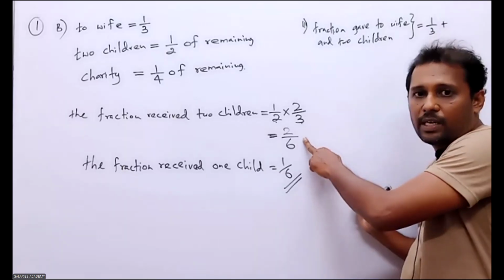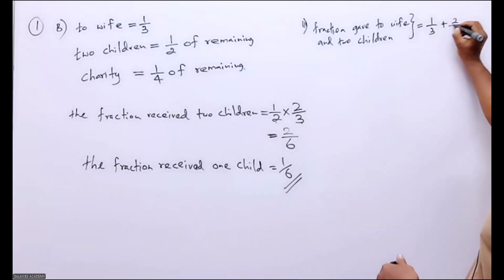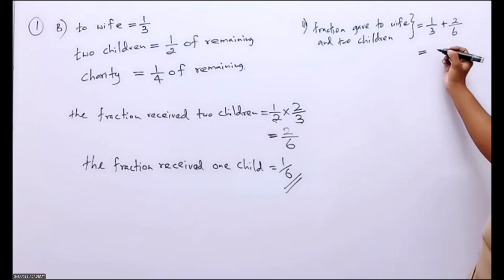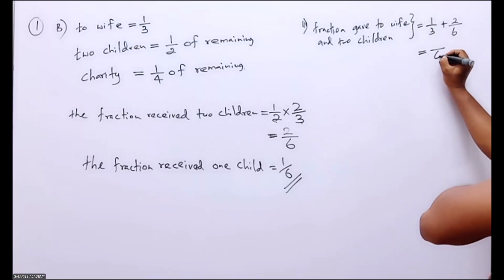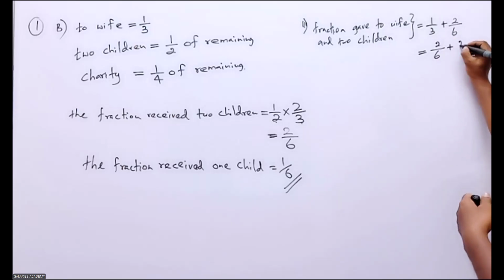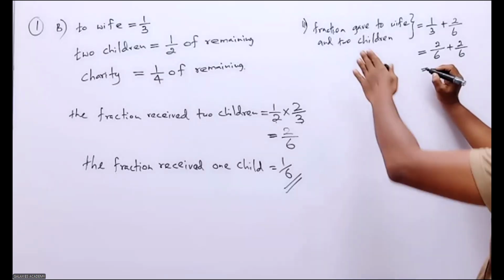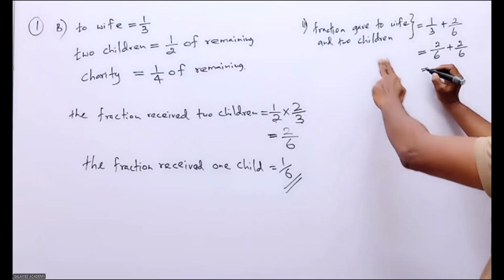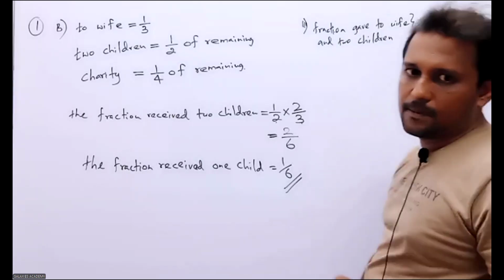For 2 children, 2 over 6. So what is the fraction he gave? The first fraction you have to multiply by 2. So 2 over 6 and 2 over 6. So he gave to wife and 2 children 4 over 6.